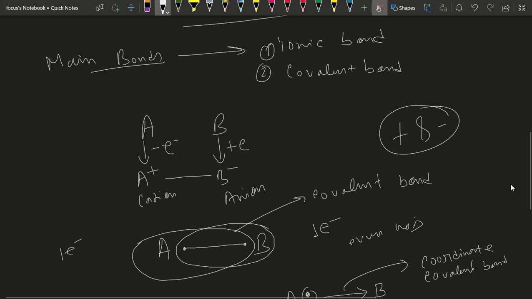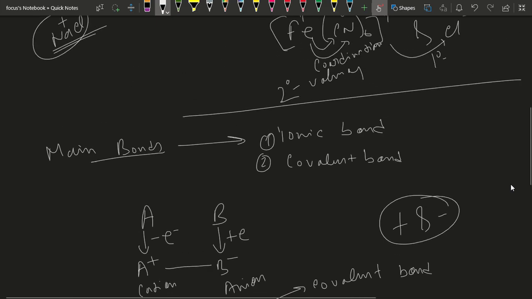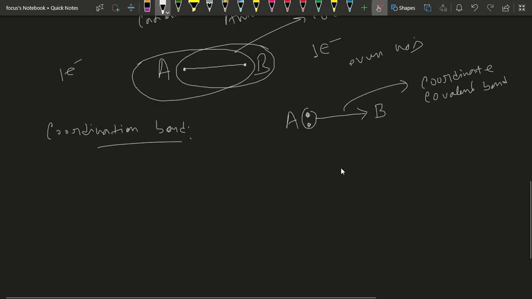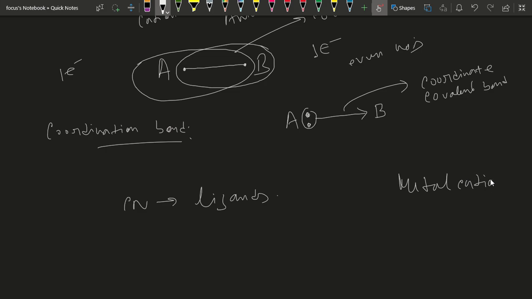In coordination chemistry, these complex compounds have this type of bond in the coordination entity. Here we can see iron is fulfilling its secondary valency with 6 cyanide ions. In this case, cyanide is called ligand, the entity which donates at least a pair of electrons to a central atom. In most cases, the accepting entity in the coordination entity is a metal cation.